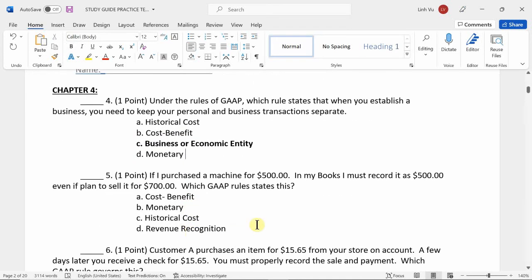Okay. Number 5, if I purchase a machine for $500, in my books I must record it at $500, even if I plan to sell it for $700. Which GAAP rule states this?